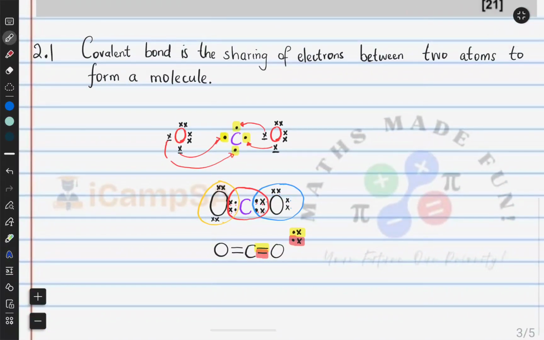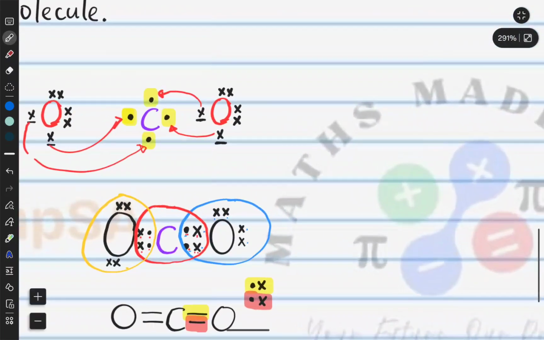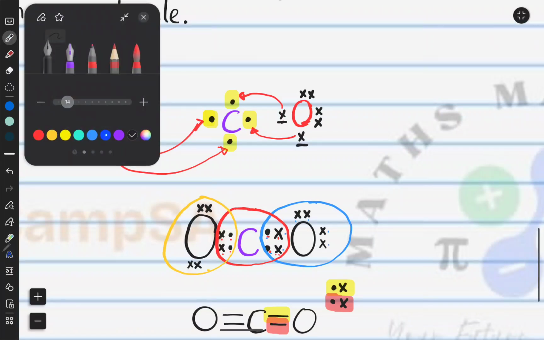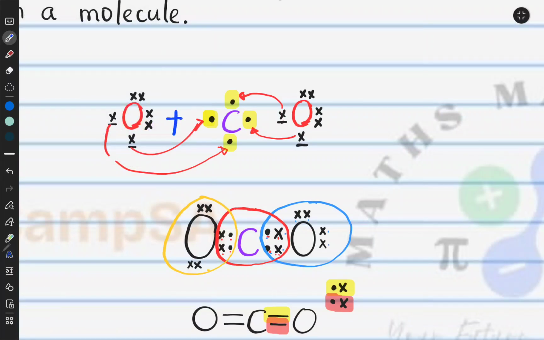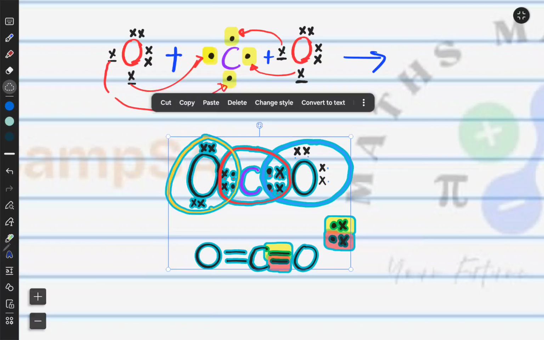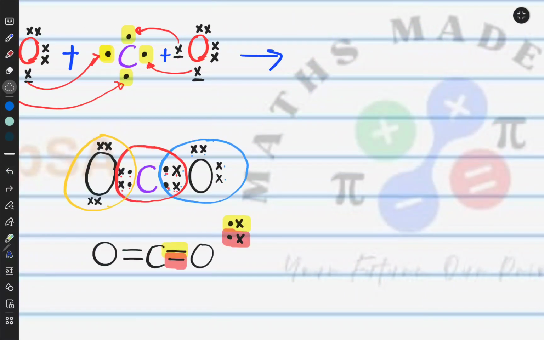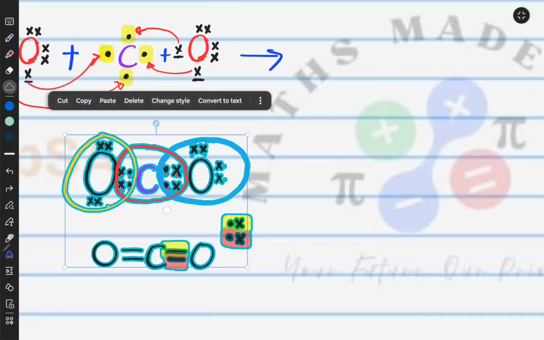Okay, so how you would have written it, you're going to say this oxygen plus that oxygen would then give you everything we just got here. Oh, I left out some things.